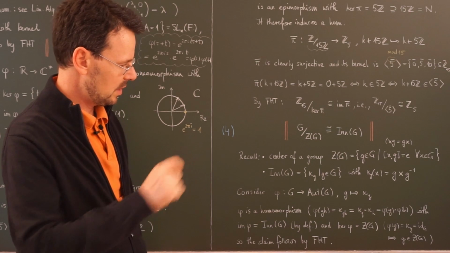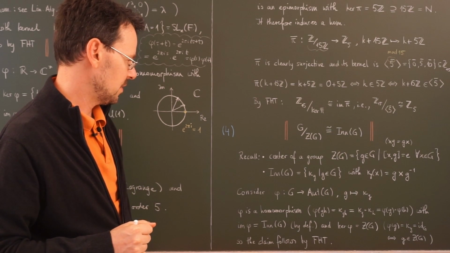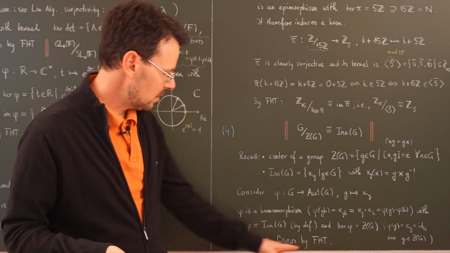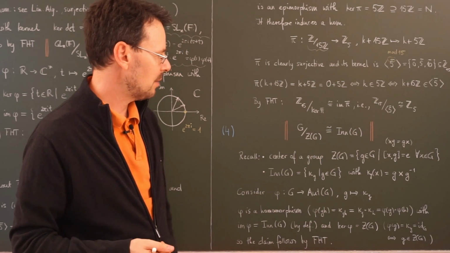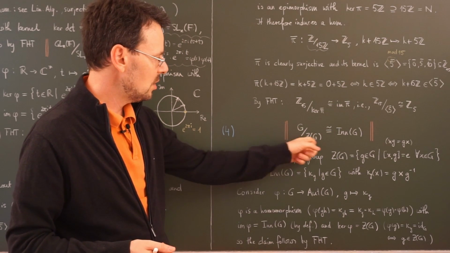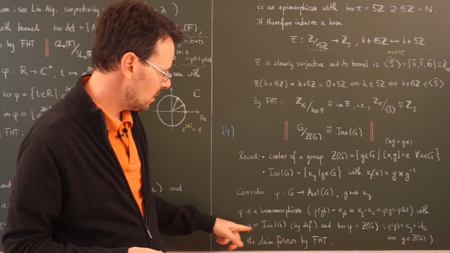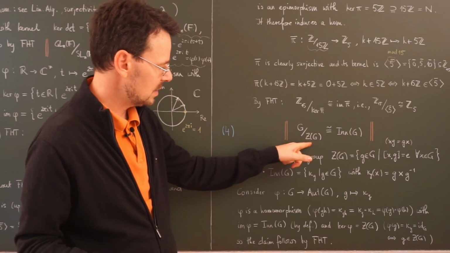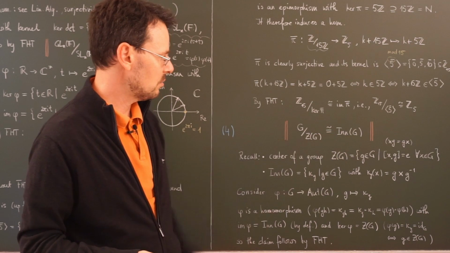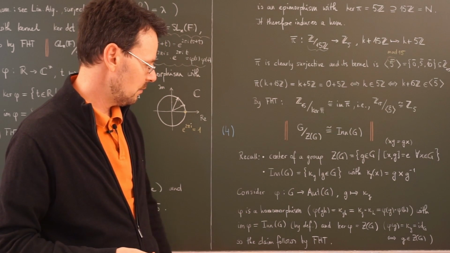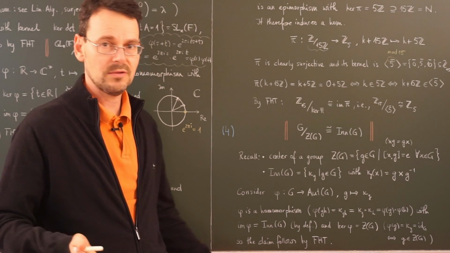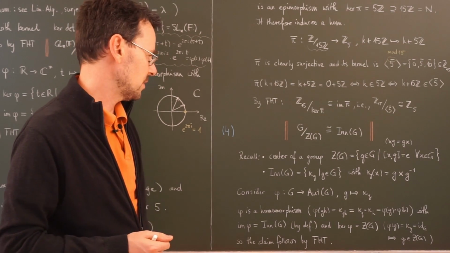Pause the video and spell out the details again for yourself. So, by the fundamental homomorphism theorem, the claim now follows, because G modulo the kernel of phi, which is exactly the center, is isomorphic to the image of phi, which by definition consists of all the inner automorphisms.